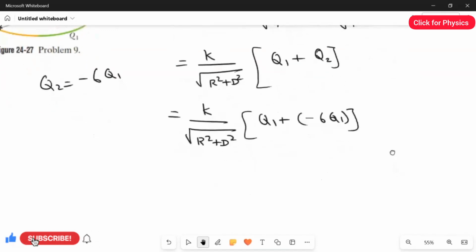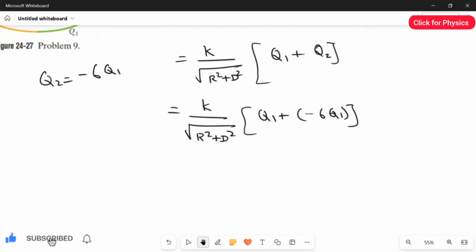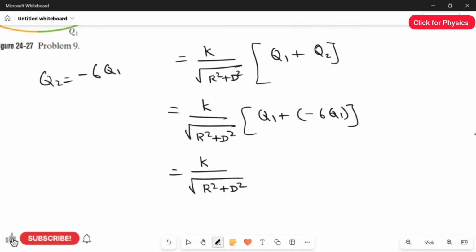Again, we will get minus 5 Q1 if you simplify this part, right? So K over square root of R square plus D square, times minus 5 times Q1.